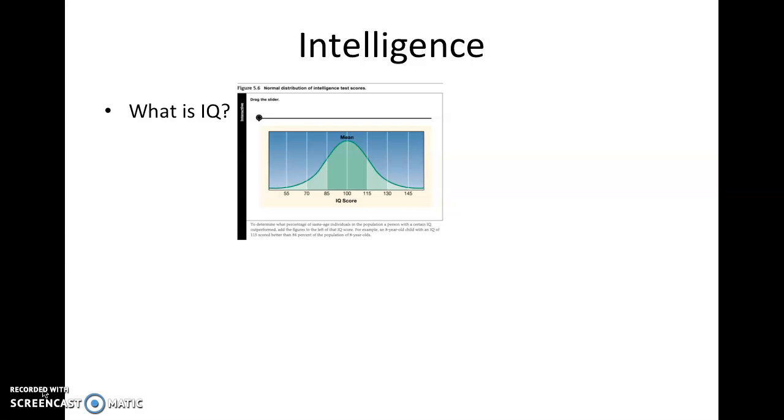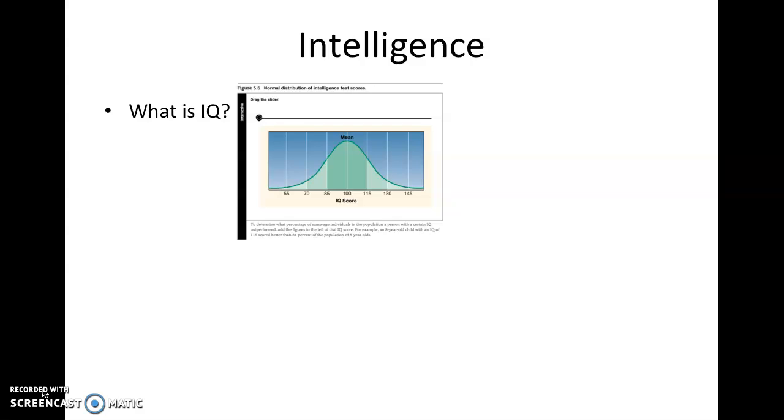IQ is thought to have a bell curve shape for the entire population, meaning that the majority of people fall in the middle here, the 100 for an average IQ, and then going out one standard deviation in each direction, and then a second standard deviation in each direction, picks up most individuals in terms of how they score on an IQ test.